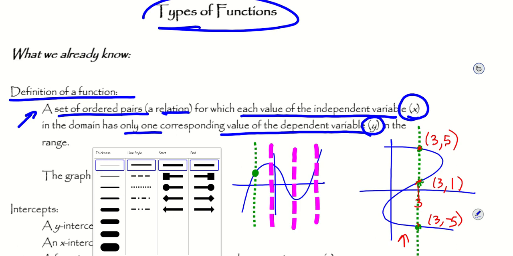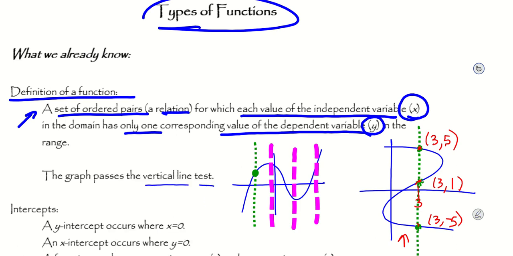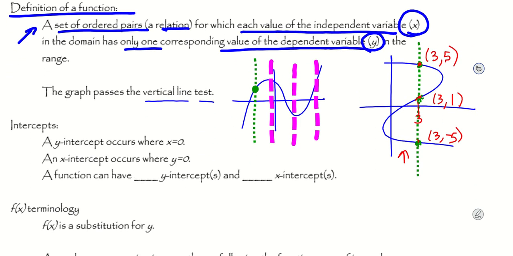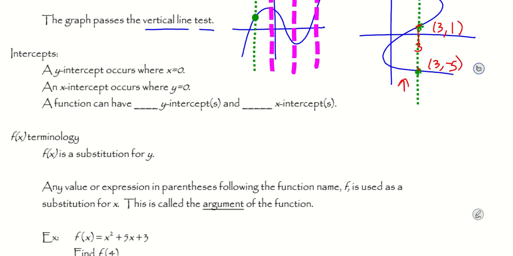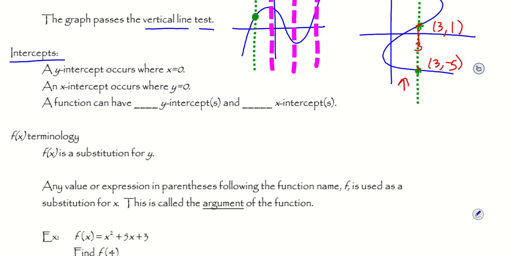Other terms that we should be familiar with when we talk about functions are these. We know that graphs have intercepts, and when we talk about intercepts, we're talking about lines that the graph intersects with. A y-intercept would be the place on the y-axis where the graph crosses. That's going to occur where x is 0. An x-intercept is going to be a place where the graph crosses the x-axis. That's going to occur where y is 0.